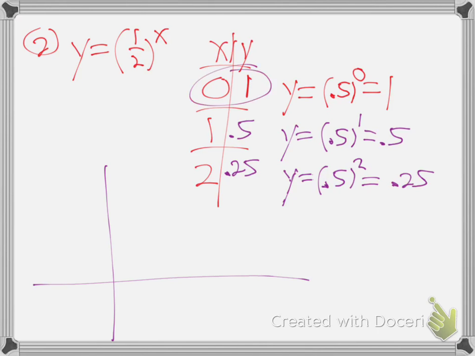So, over 0, up 1. There's the first dot. Second one, over 1, up 0.5. What's that? Well, half, about right there. Over 1, up 0.5, is that good?